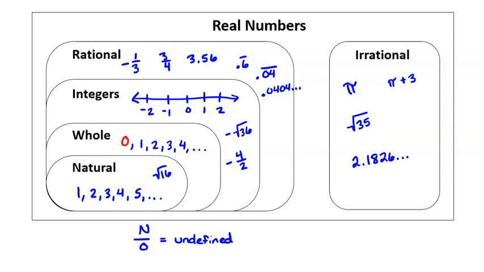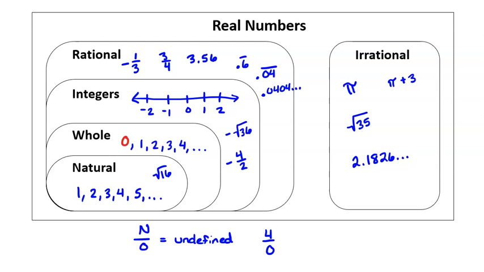The reason is we like to think about fractions as parts of a whole, right? So if I have, let's say, a 4 over 0, I can't take 4 slices out of 0 pizzas. So this is going to be an undefined number.